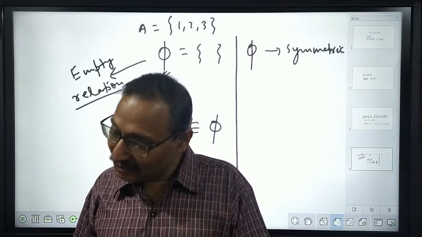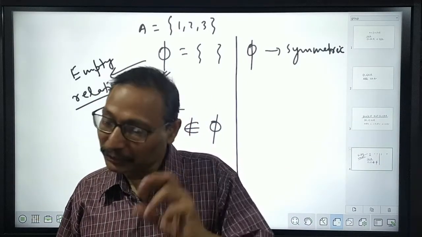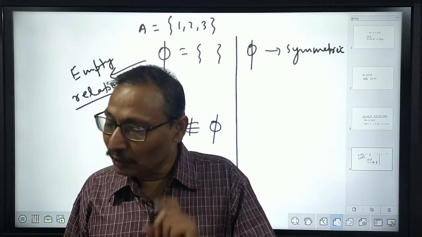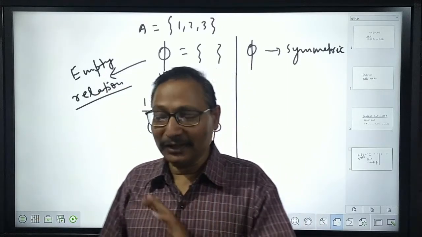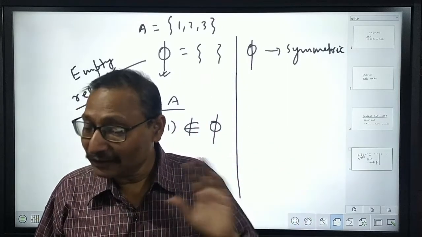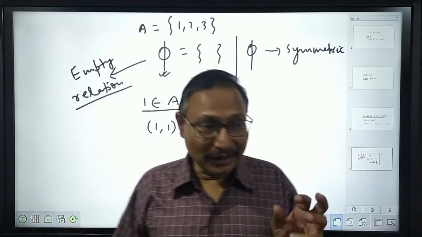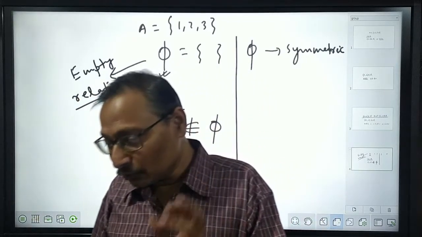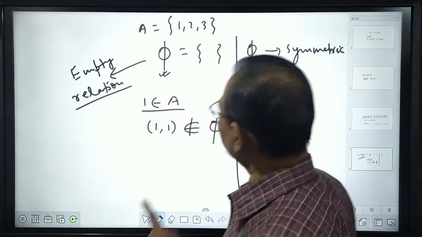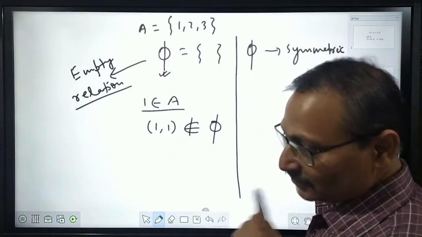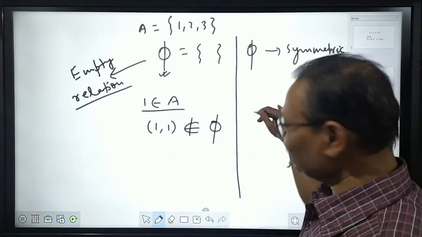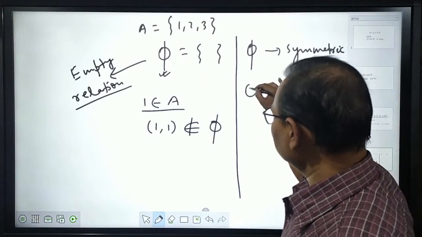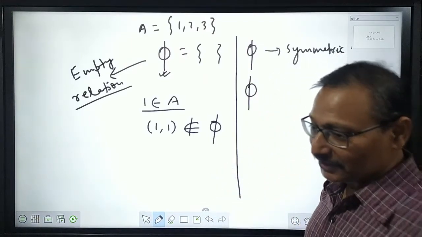So if you say this is symmetric, there is no controversy. There is lack of information, and due to lack of information, this empty relation is symmetric. Okay, I will write down later. I am just in a simple discussion here.